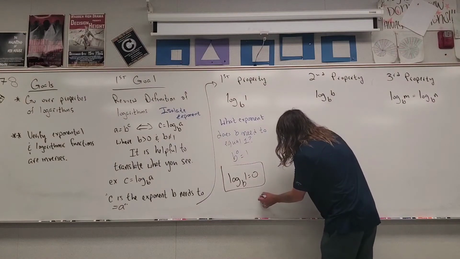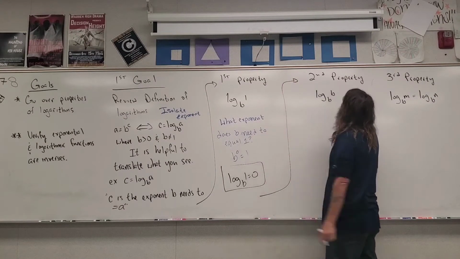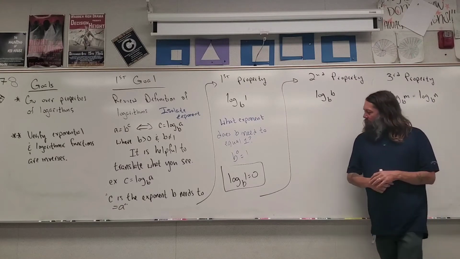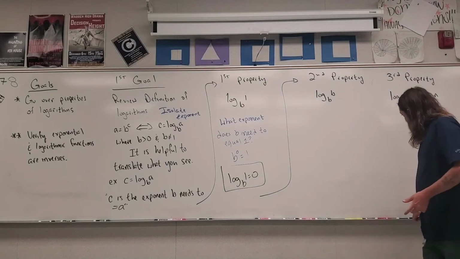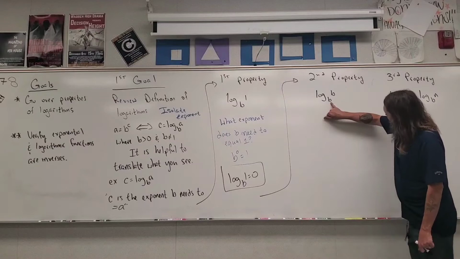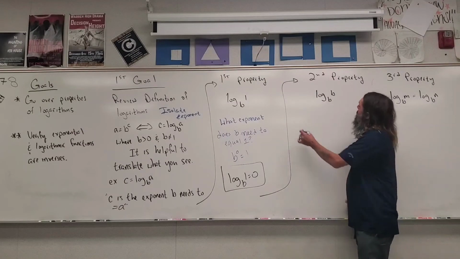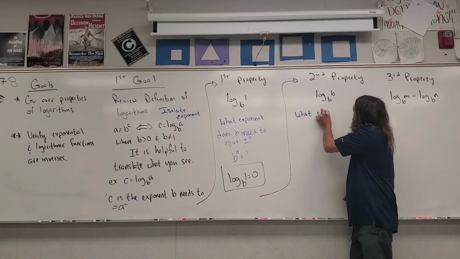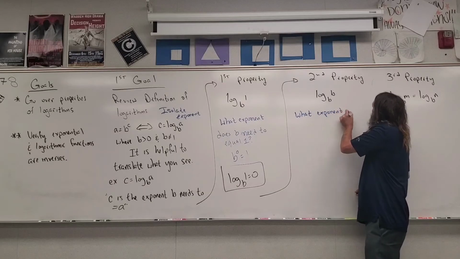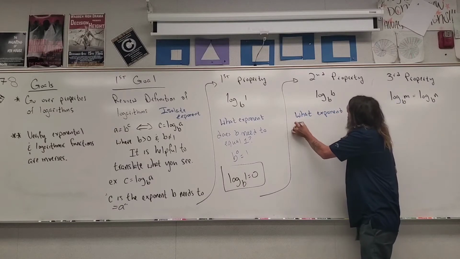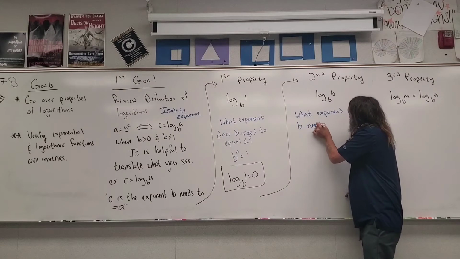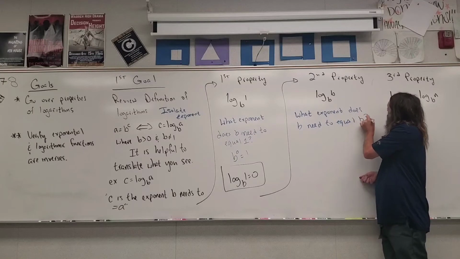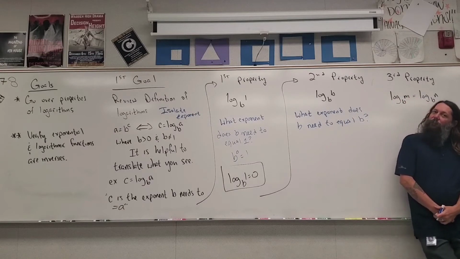All right, let's move on to our second property. Our second property is log base b of b. Again, that means nothing to me when I say it like that. But if I translate it and ask myself, what exponent does b need to equal b? Then it makes a little bit more sense. And in fact, it's the power 1.